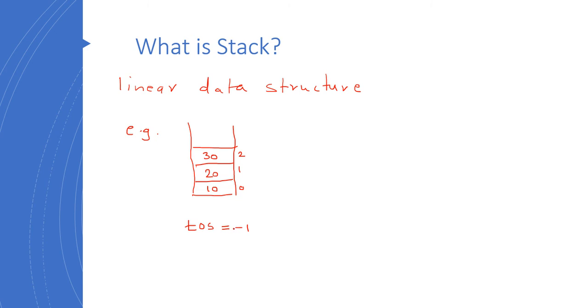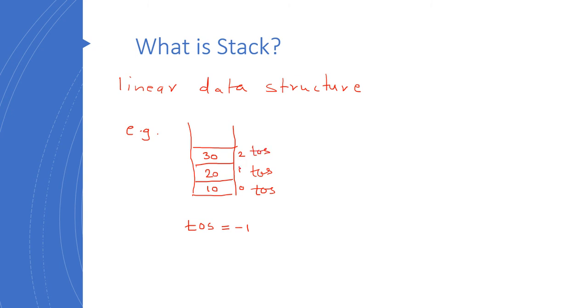Whenever we need to push data onto the stack, this top value will be incremented by 1. So if I want to enter 10, then my top becomes 0. 20, then top becomes 1, and finally when I push data 30 onto the stack, my final value of top becomes 2.